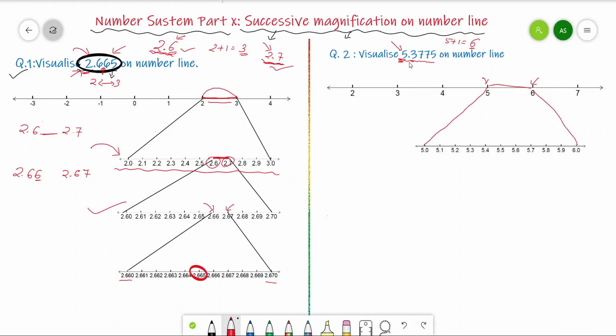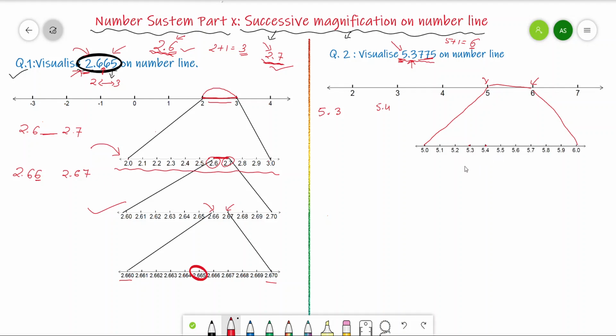And then the 10th place is 3. So the number still has decimal places, which means the number lies between 5.3, and 3 plus 1 becomes 5.4. That means this number lies between 5.3 and 5.4.